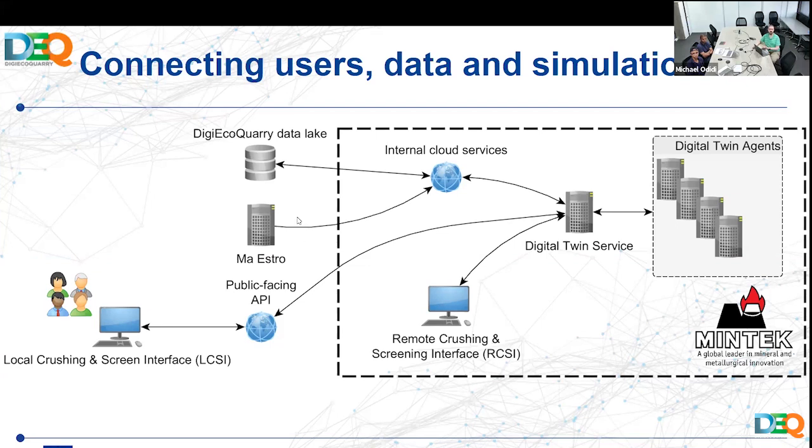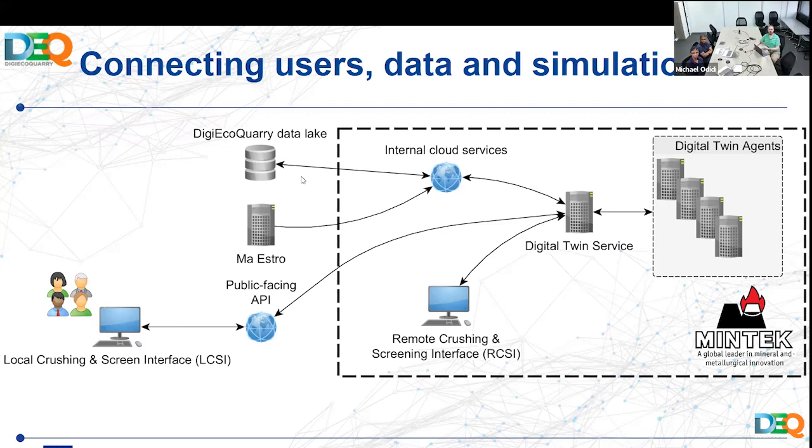We also have sources of data. For example, we have Maestro, hope I'm pronouncing it correctly, and their system is operating at the crusher. It is the automation system in charge there. So we are collecting data from their system, and we are then using cloud services to periodically pull that data and store only that which we need in our system.